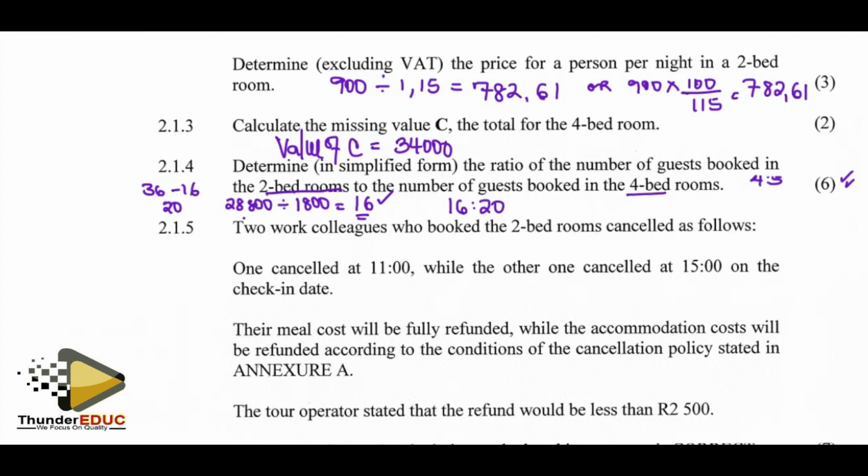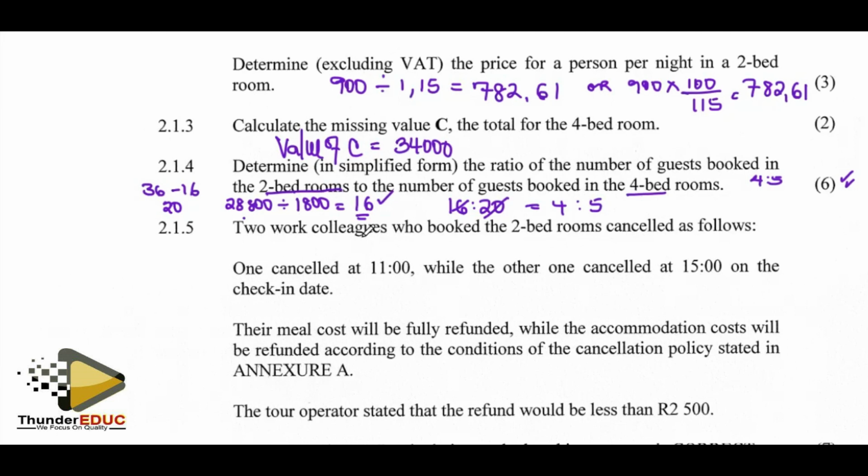This simply means these rooms had 2 beds, whereas these ones had 4 beds. Okay, so we need the simplest. So we divide it through by 4. We get 4. The same number divided by 4, you get 5. That's how we got our ratio.